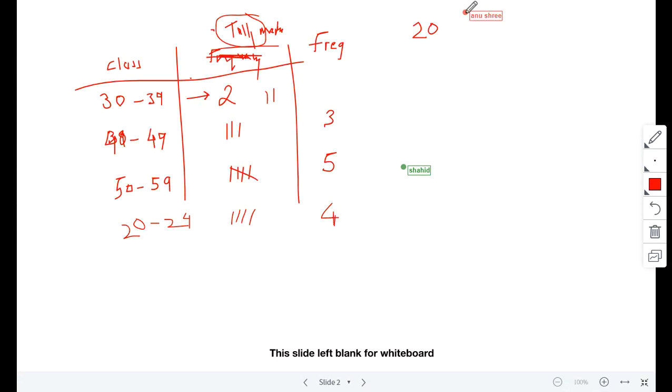Let me see. Yeah, 52. So lowest number is 20, highest number is 52. Now you have to make the table separated by 4, starting with the lowest number, sorry, one second.